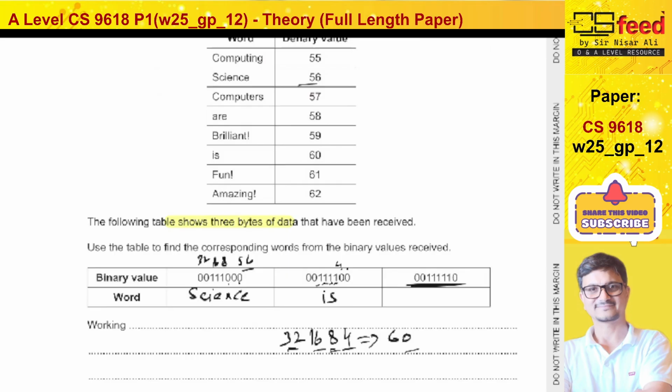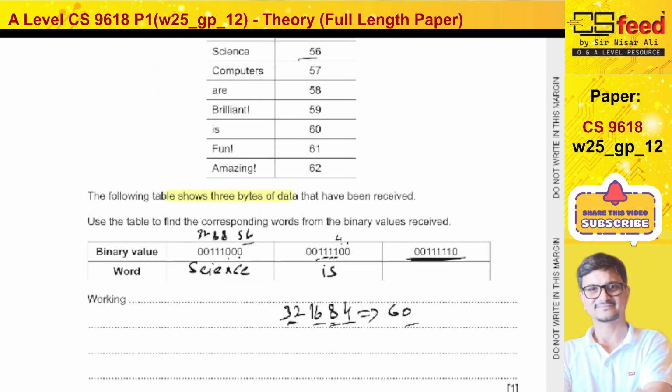And this third word, it is 1, 2, 4, 8, 16, 32. So how many? 1, 2, 3, 4, 5. So again, it is 10 and it is 20. 10 and 20 is 30, 30 and 30, 62.